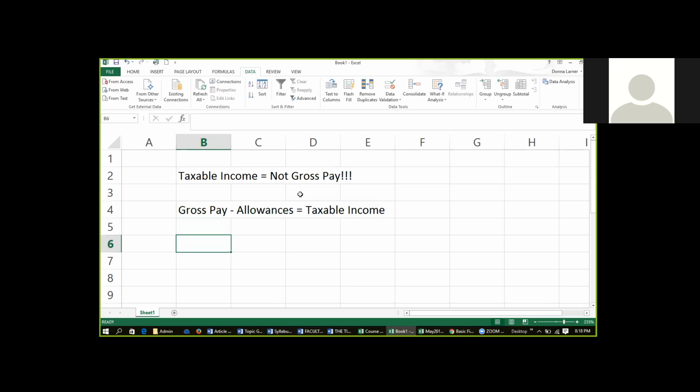It gets reduced some. So let's say that after we do all this with our pretend family, we have taxable income of $100,000. That's the family's taxable income.